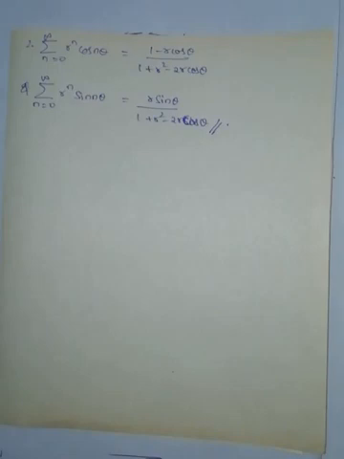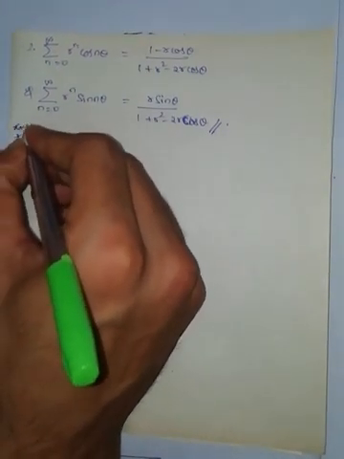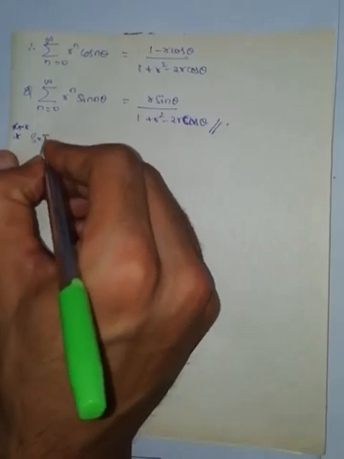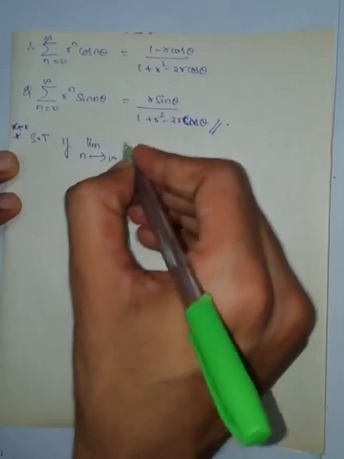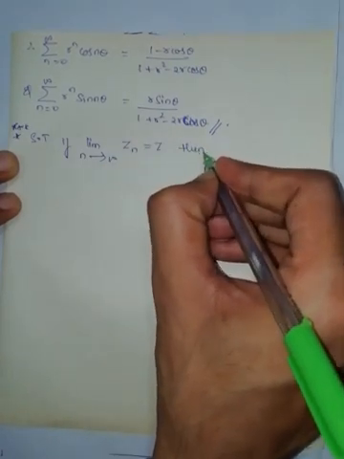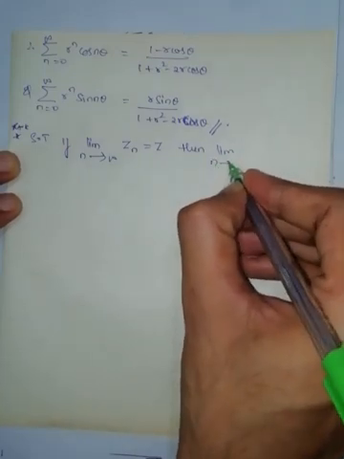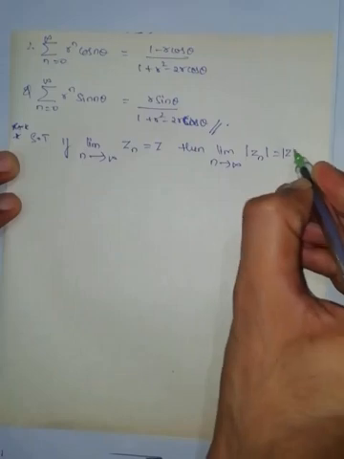Now let us discuss an important problem which they have asked a few times. Show that if limit n tends to infinity zn is equal to z, then limit n tends to infinity modulus of zn is equal to modulus of z.